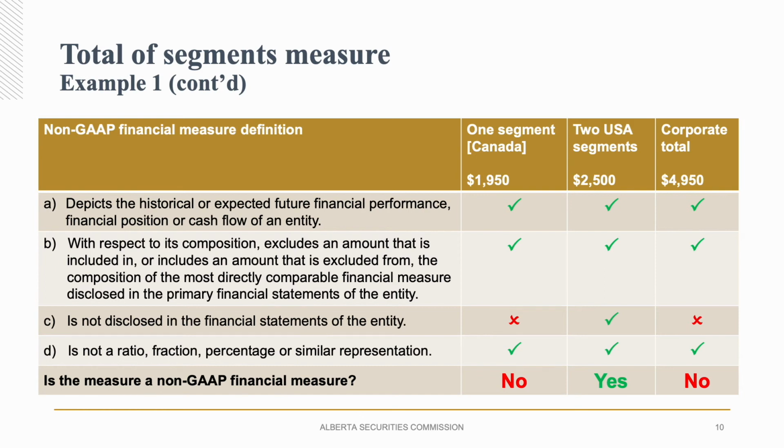For the last example, the corporate total EBITDA of $49.50, we saw on slide 8 that this is a total of segment measure. And this measure does not meet the definition of a non-GAAP financial measure, as the $49.50 is disclosed in the reportable segment financial statement note.